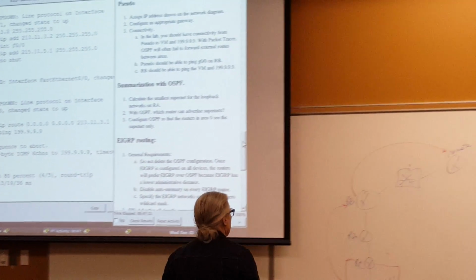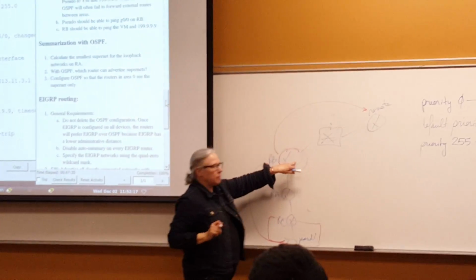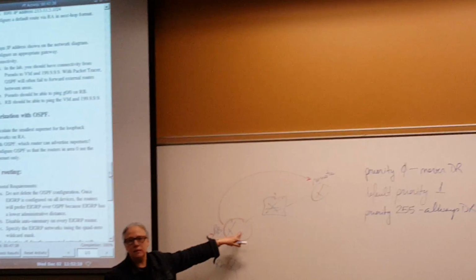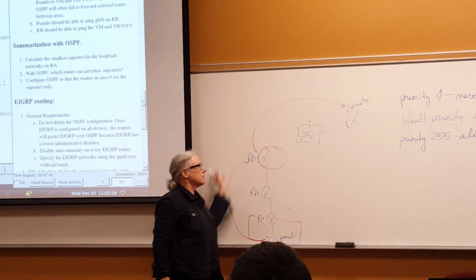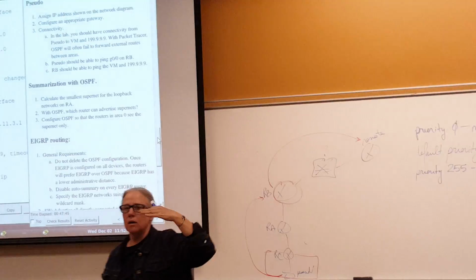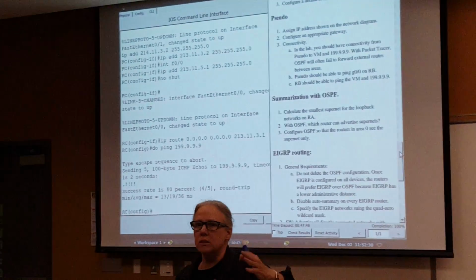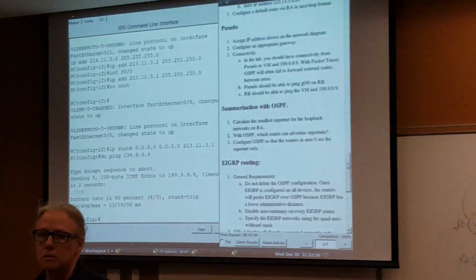But with Packet Tracer, I have often found that because of a Packet Tracer bug, the connectivity breaks here. So you may not be able to go from the pseudo PC all the way up to remote. That does not mean that your configuration is wrong. It's probably the Packet Tracer bug.